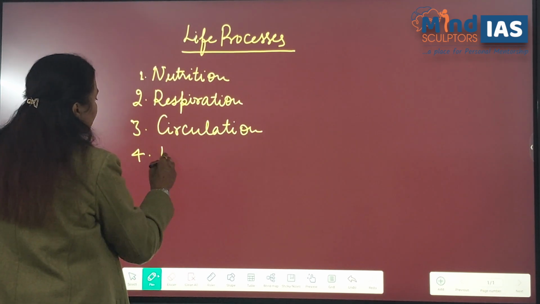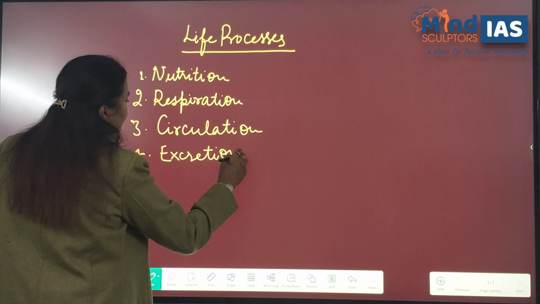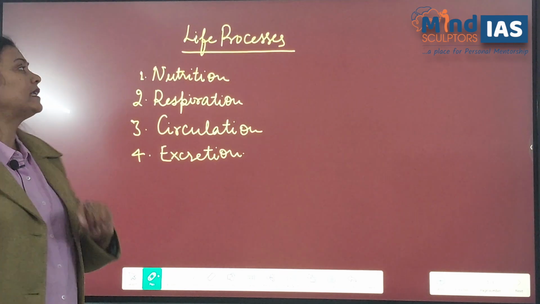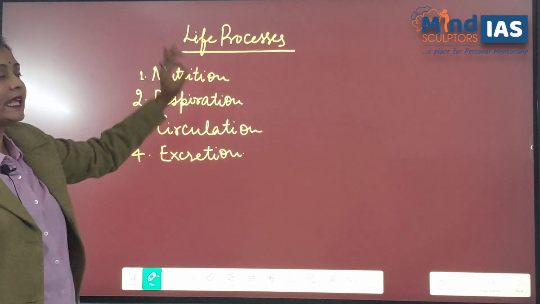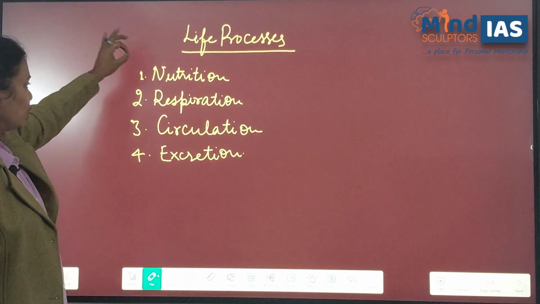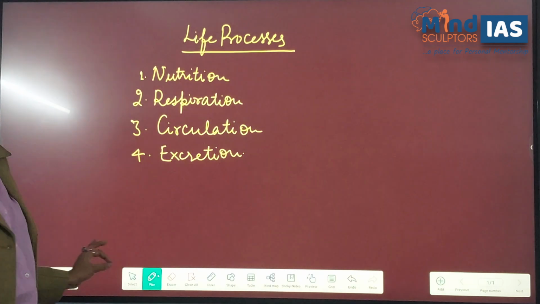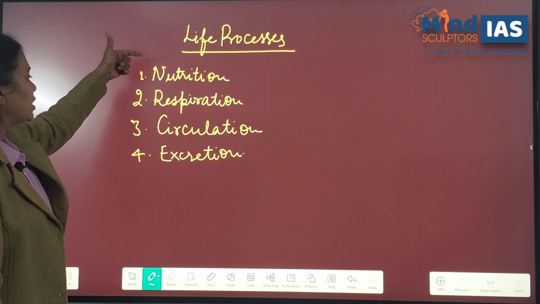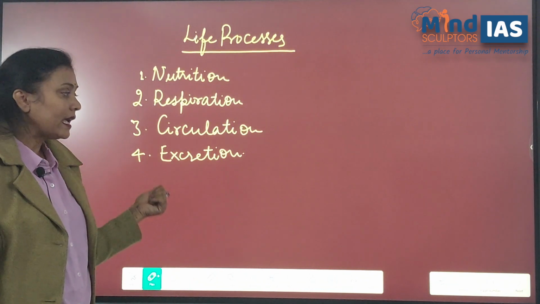Fourth one is excretion. So, the things required to maintain life are life processes, and life processes include these 4 things, that is nutrition, respiration, circulation and excretion. In this chapter, one by one we deal with nutrition, respiration, circulation and excretion.